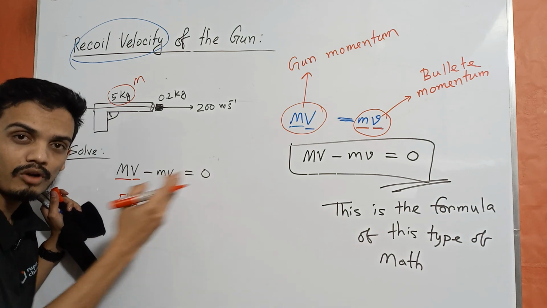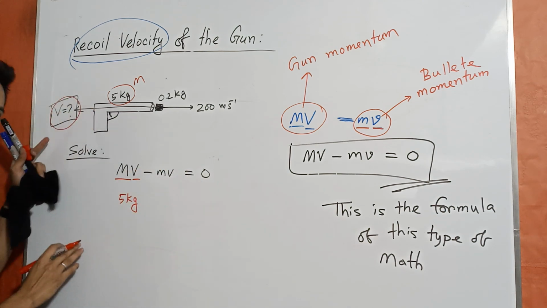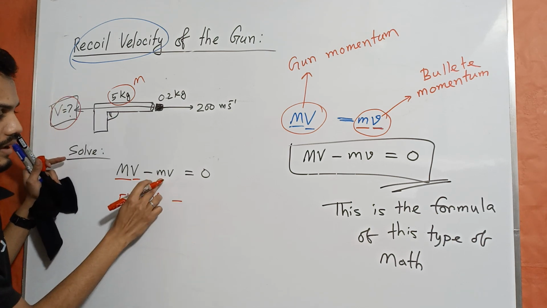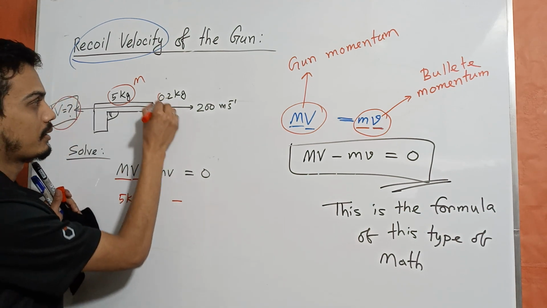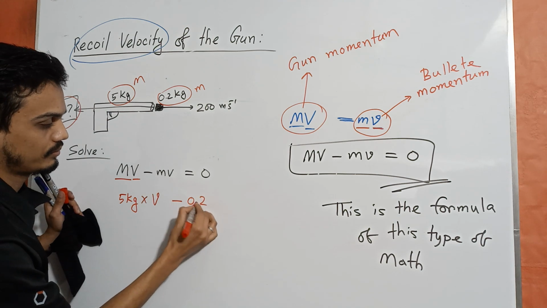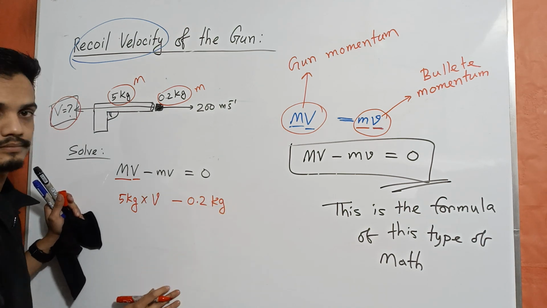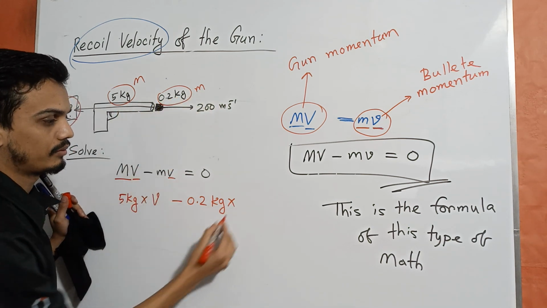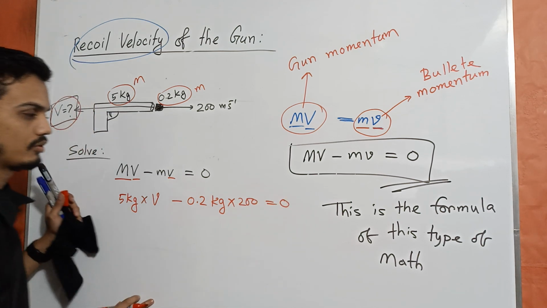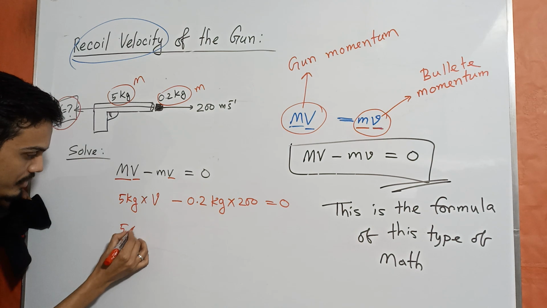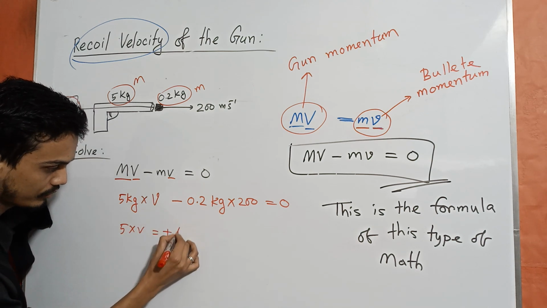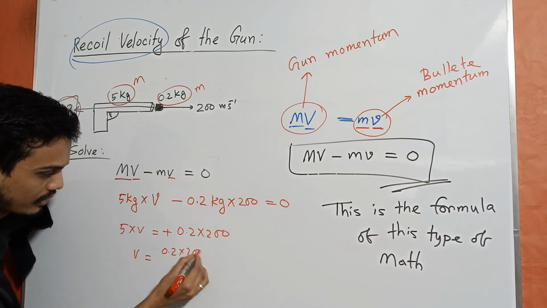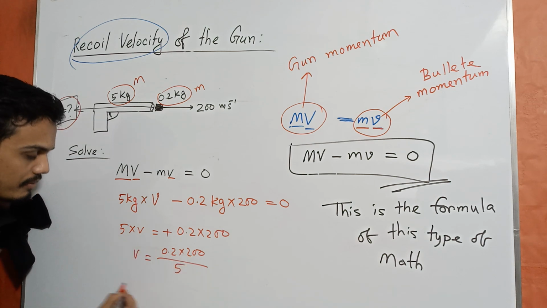Capital V, the recoil velocity, is to be determined. Minus the bullet mass 0.2 kg into small v, the bullet action velocity, equals 0. So 5 into V equals 0.2 into 200, V equals 0.2 times 200 divided by 5.